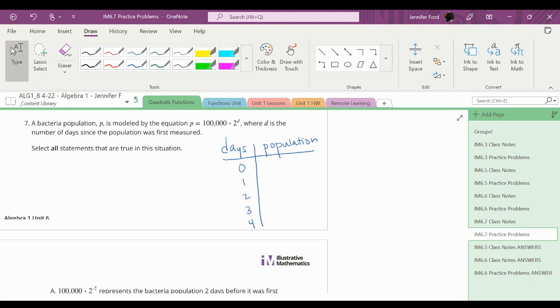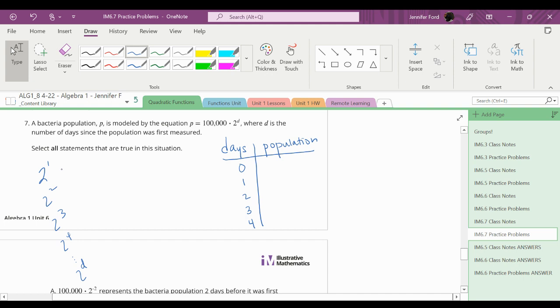Okay, before we read the statements, I want to make sure we understand what's happening in this equation. This is an example of a doubling equation because 2 to the D is like 2 to the first power, 2 to the second power, 2 to the third power, 2 to the fourth power, eventually 2 to the D power.